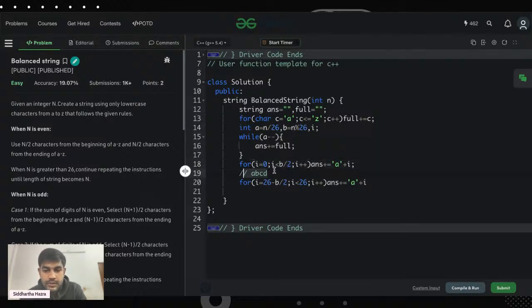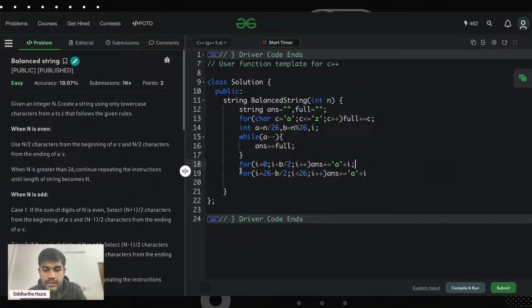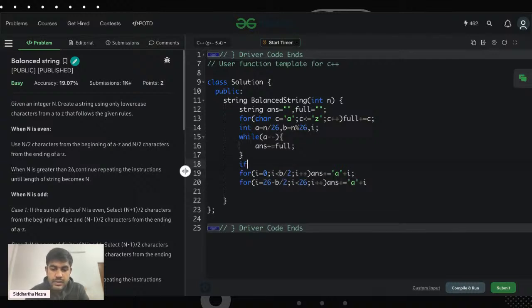Okay, so we are not having this condition. So if n modulo 2 is equals to 0, this was the condition when n is even itself.